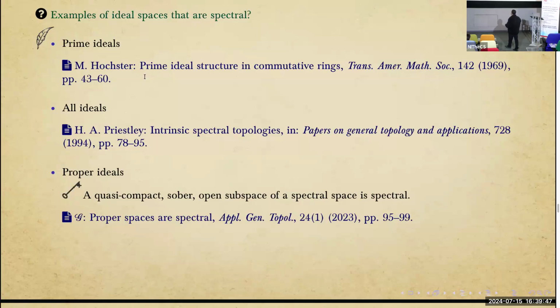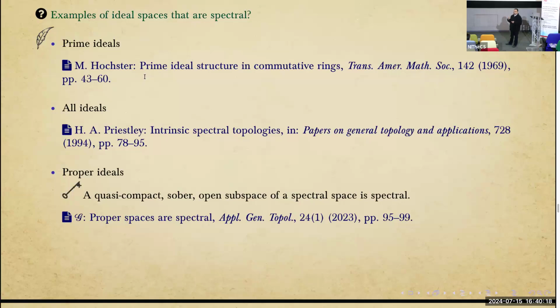It turns out that you have an alternative way to prove that the set of proper ideals is a spectral space, using this very simple, nice property, using the original spectral space of all ideals and then taking a very special type of subspace of it. To the best of my knowledge, these are the only three kinds of ideals with this ideal topology or Zariski topology which satisfy the spectral space conditions. So it is very interesting to find examples for it.